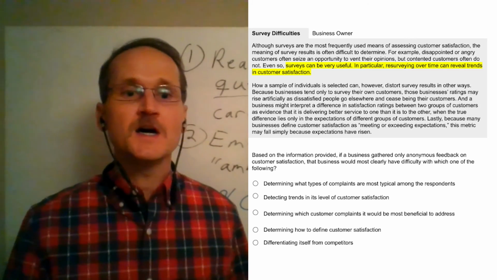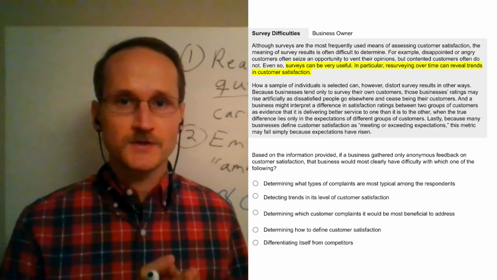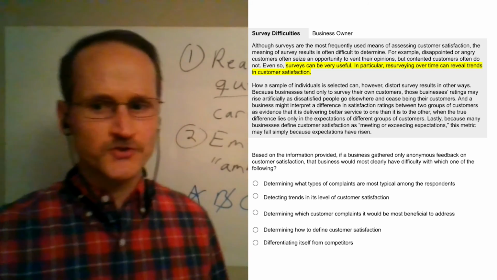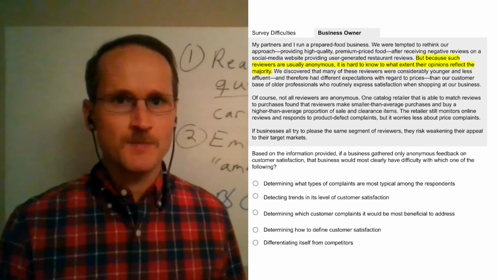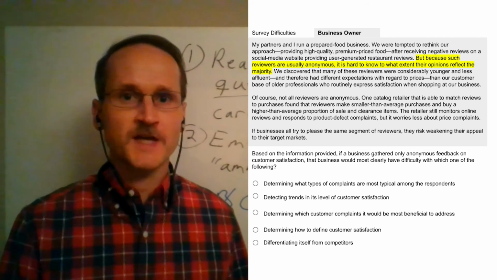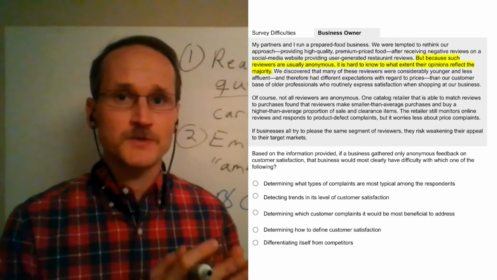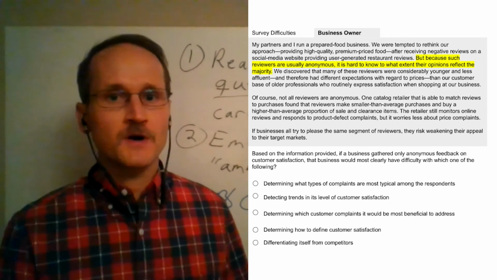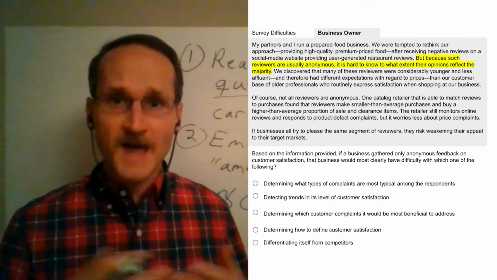Okay, choice C, determining which customer complaints it would be most beneficial to address. So this one's tricky. We are told in the business owner tab that there's a problem when the reviews are anonymous because we have a hard time knowing to what extent the reviews reflect the majority. So if we don't know if their opinions reflect the majority, we're not sure if we should react to those reviews.